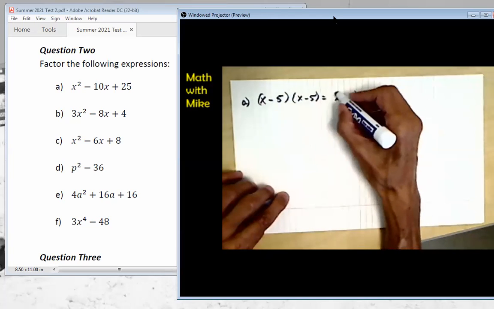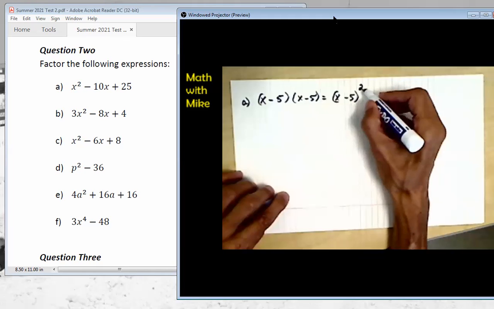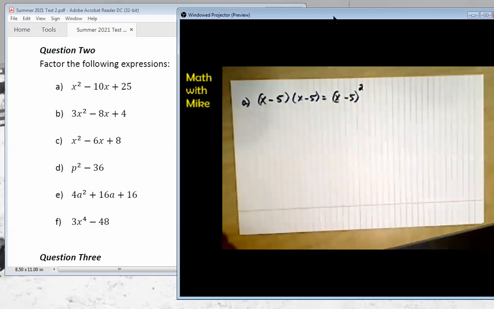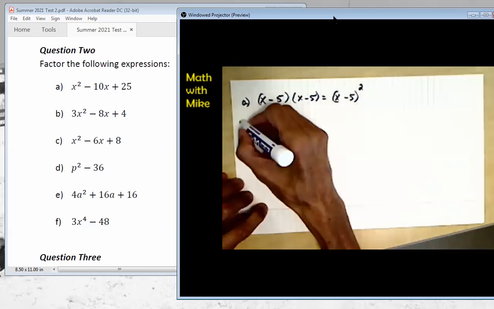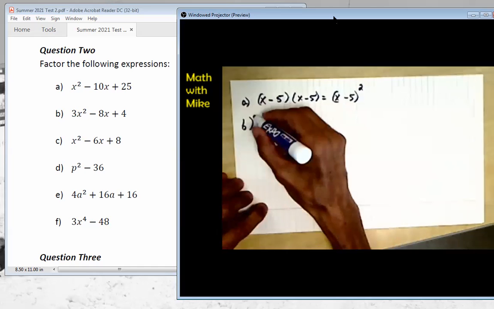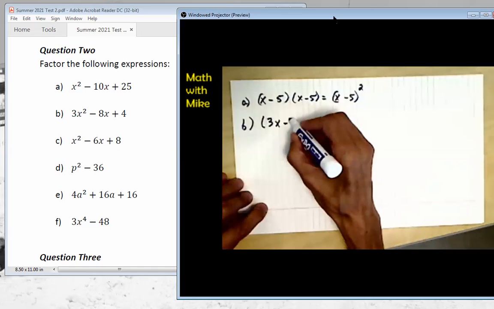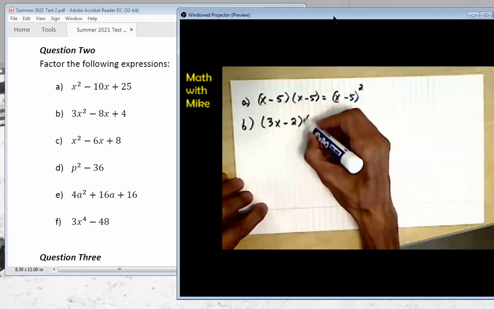That's the good looking answer there with the exponent. For B, this works out to be 3x to the minus 2 times x minus 2.